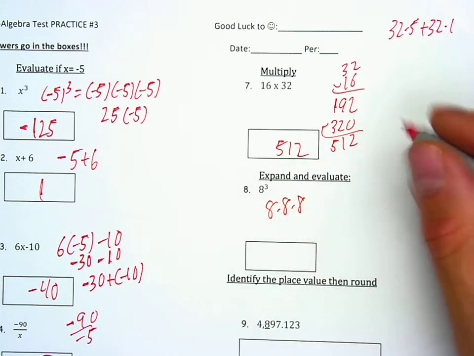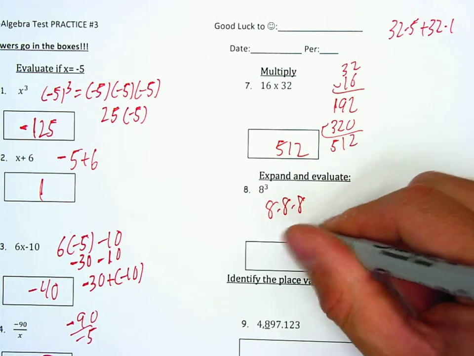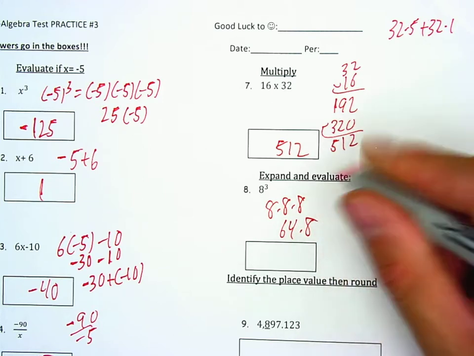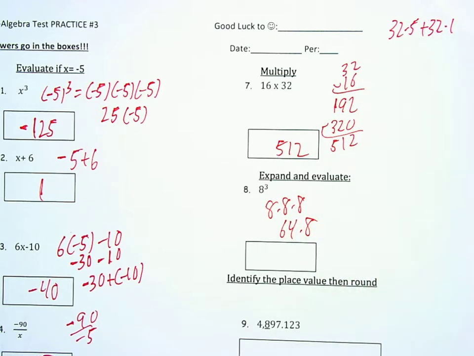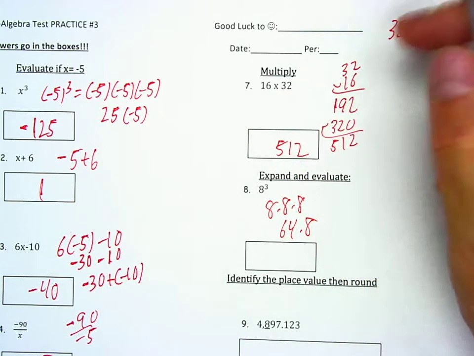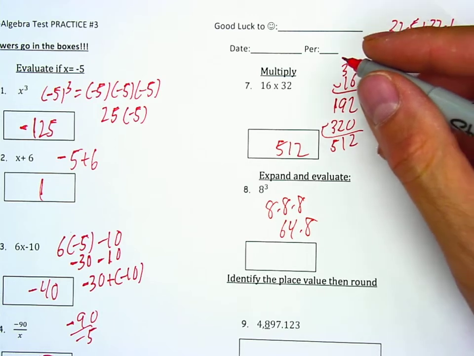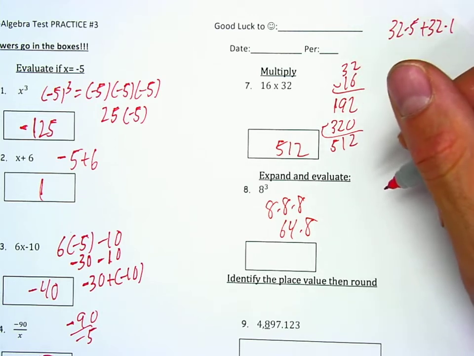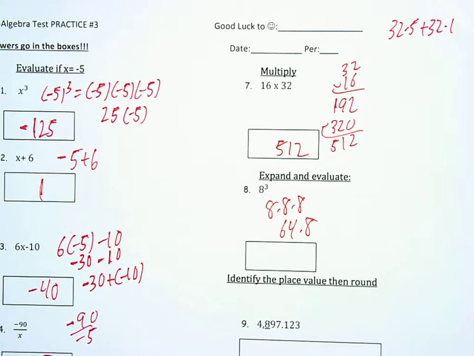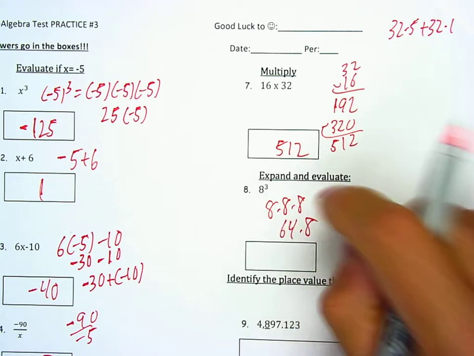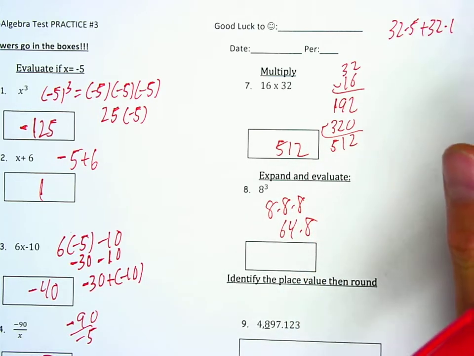All right, 8 to the third. That is 64 times 8. So again, that's another larger number. Show some work on these questions. I'll give you partial credit. So 64 times 8, again, I can break that down into 64 times 5 plus 64 times 3. And I can also break that down further by doing groups of 10. So I can do 8 times 10 six times plus 4 times 8.